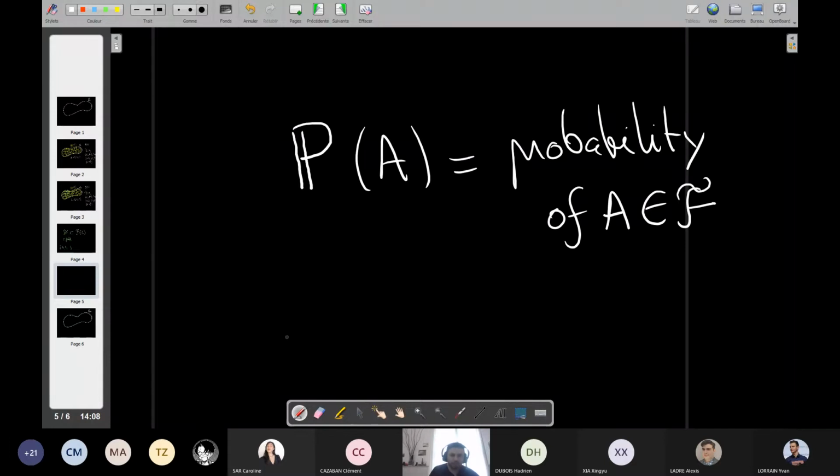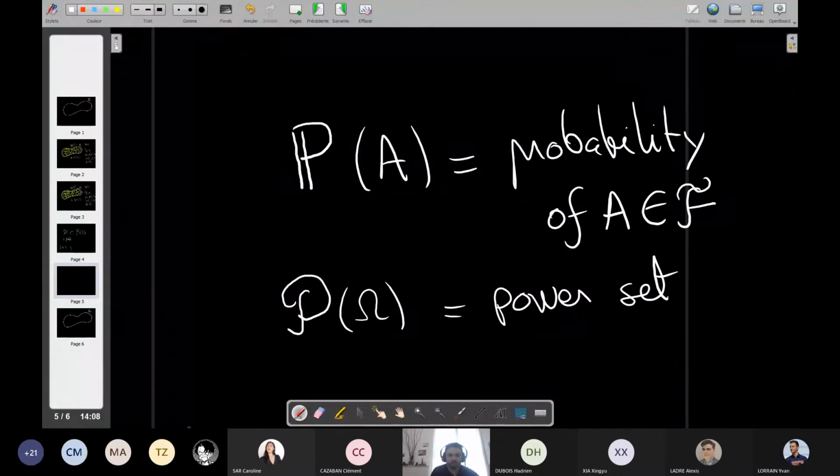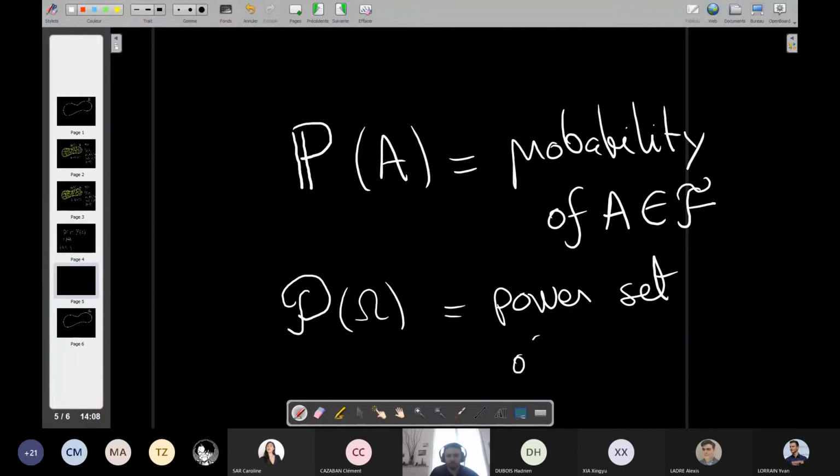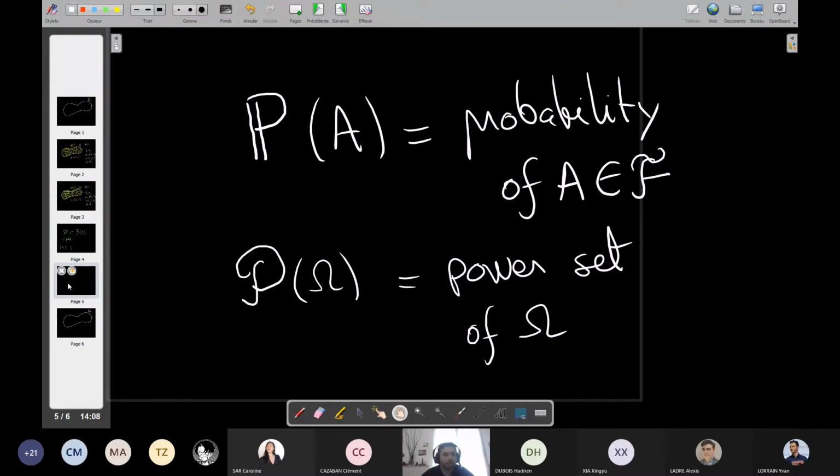And the other one, there's not really a straight P, it's always a cursive P. This is the power set of omega. Do you have any other question? No? Okay.